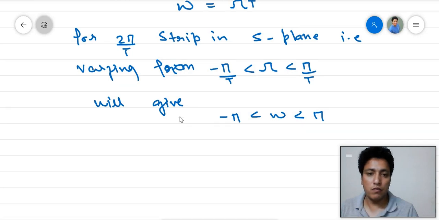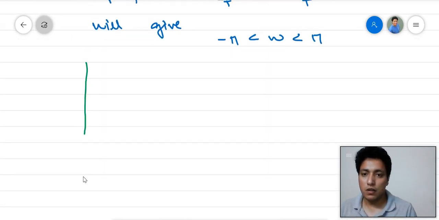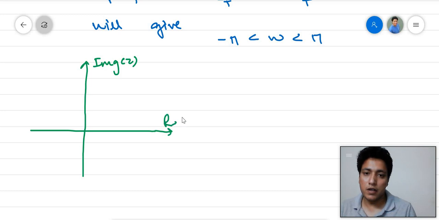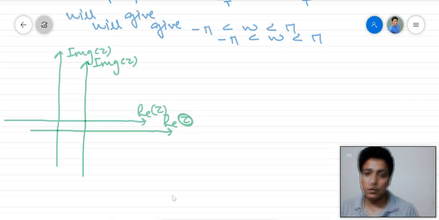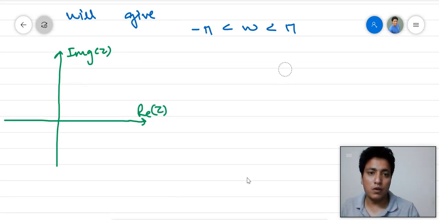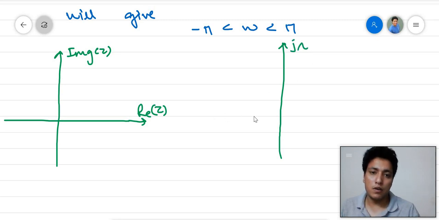Now this is a very interesting point. If it is an imaginary axis in the S plane and it is the real axis, it will plot j omega with sigma.